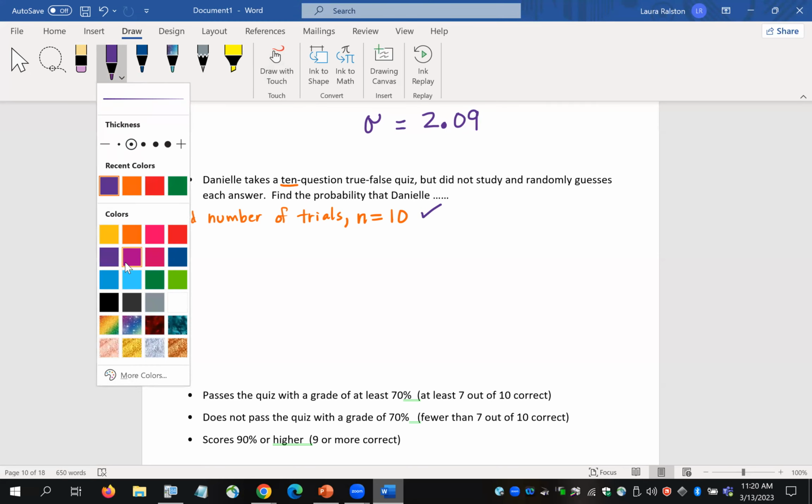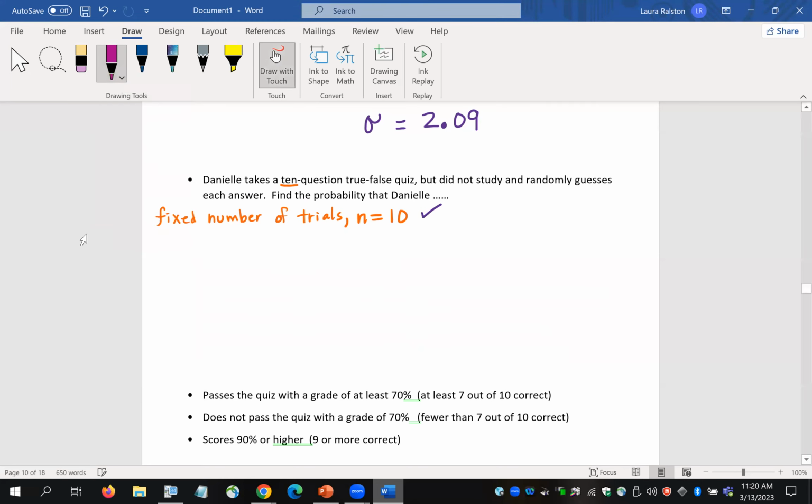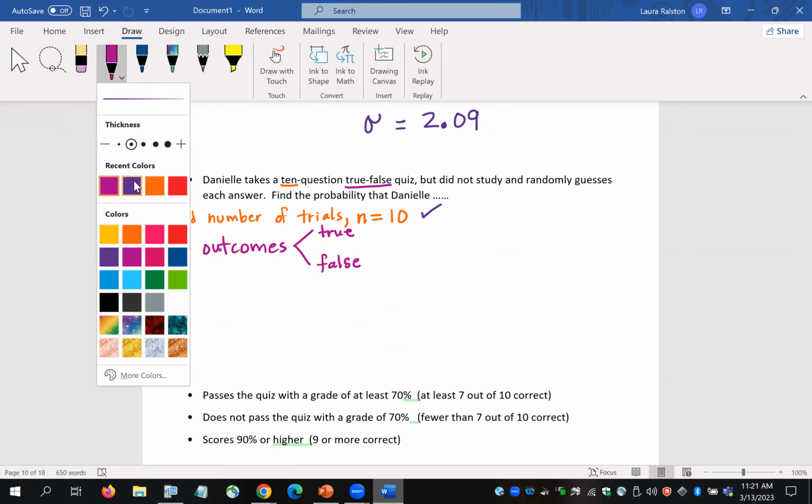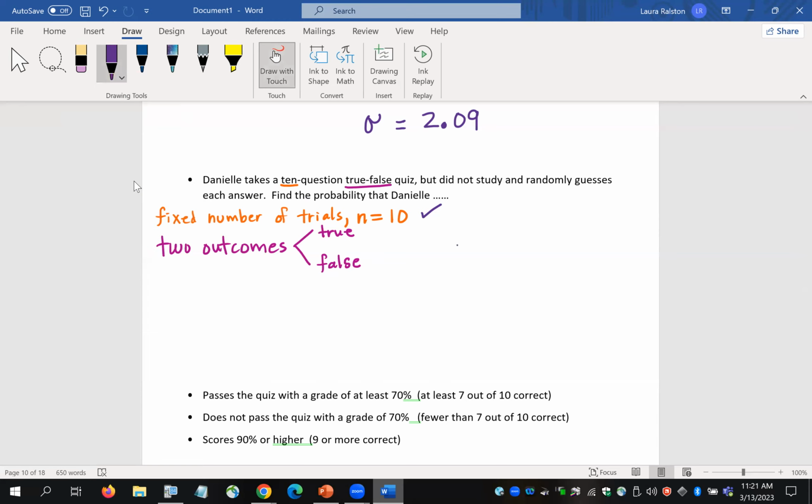Number two is we have 2 outcomes. It tells us in this problem that she's doing a true-false quiz. So the 2 choices are true or false. So I do have 2 outcomes, so I'm good on that particular requirement, but let's think for a minute.